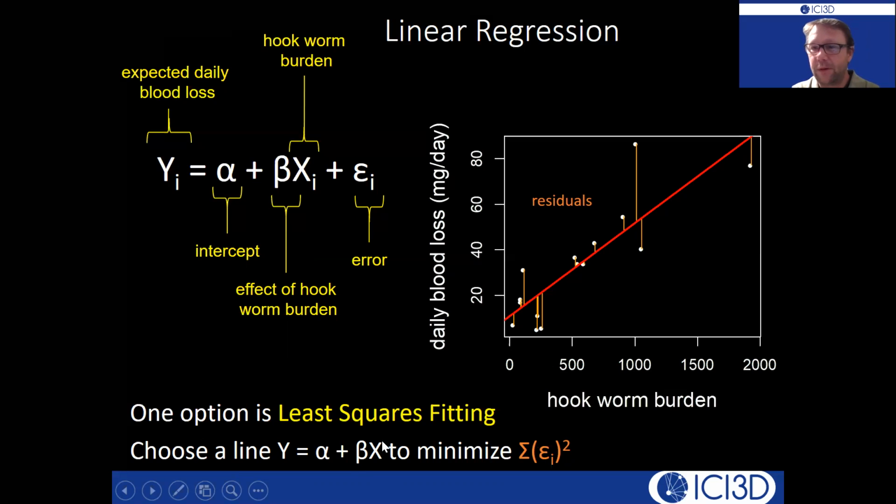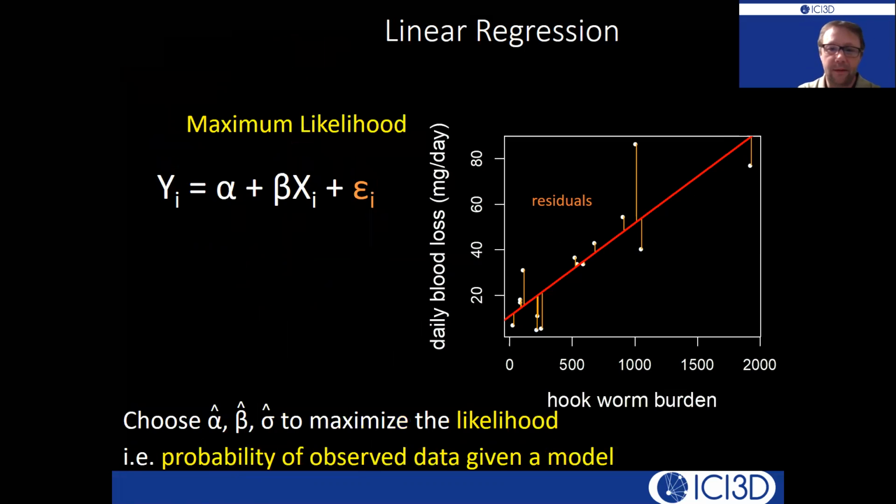But this is called least squares fitting. It's not the only option that we have in order to fit these lines to the data. Another option we could investigate is maximum likelihood. So what maximum likelihood attempts to do is figure out what the probability of the observed data is given a particular model.